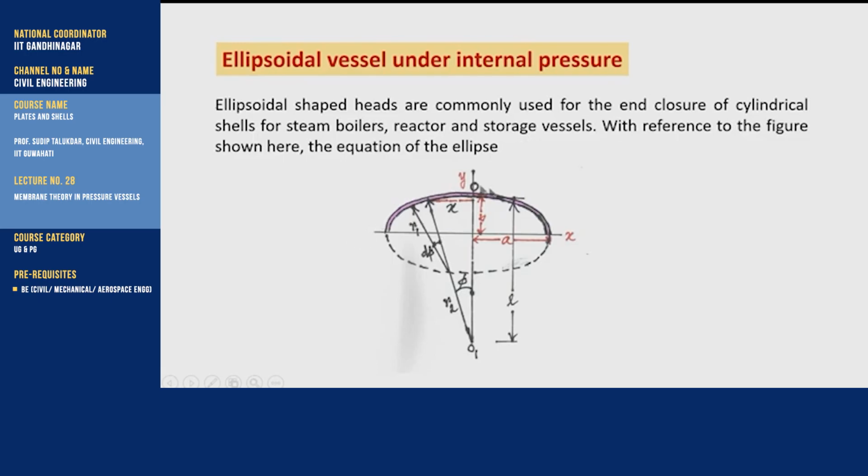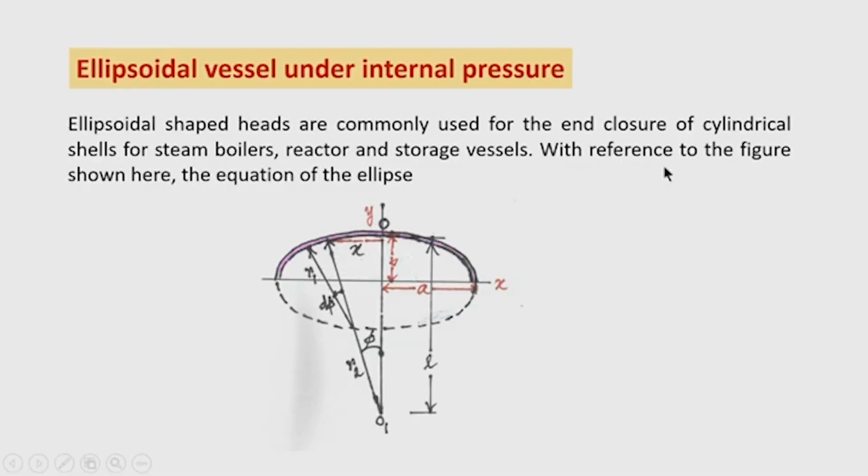We have taken an elliptical vessel acted upon by internal pressure P, a uniform internal pressure P. With reference to the figure shown here, the equation of the ellipse can be written as x square by a square plus y square by b square equals 1, where the origin is here, the positive x axis is along this direction, the positive y axis is along the upward direction, and a is the semi-major axis and b is the semi-minor axis.